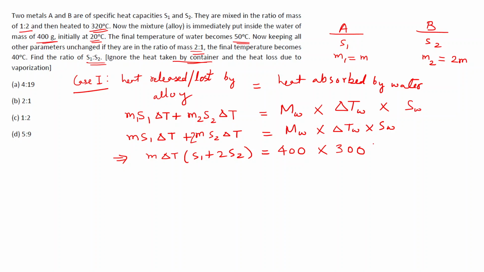Yes, the temperature difference is 30 degrees centigrade, and we have not been given the value of the specific heat of water, so for the time being we'll just keep it like this.